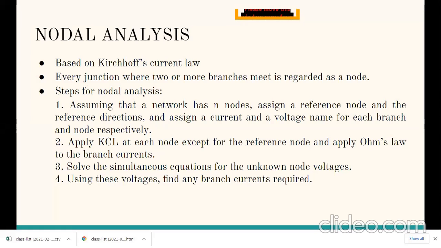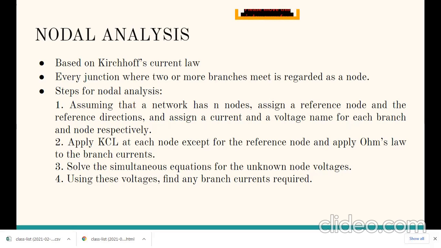And while considering this algebraic sum, we consider the sign convention as all the incoming currents are positive and the outgoing currents are negative. So, in short, the algebraic sum of incoming currents is equal to the algebraic sum of outgoing currents. So, using this, we can find out the voltage of any given node.